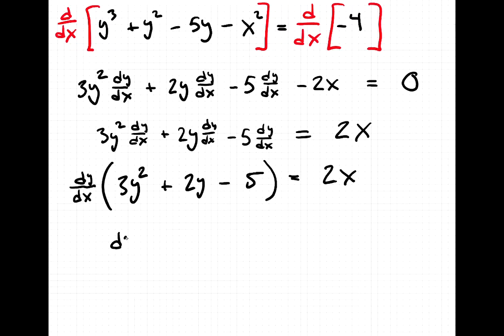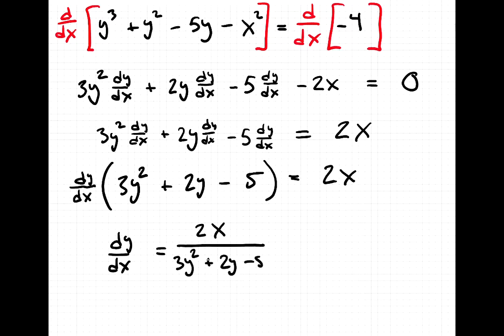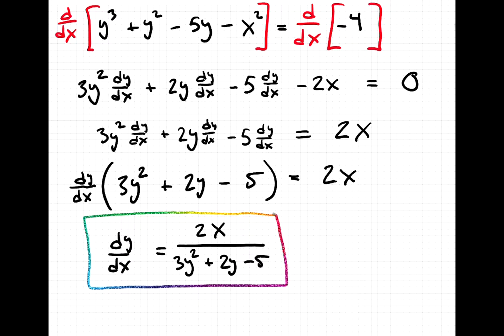So we have dy over dx is equal to 2x over 3y squared plus 2y minus 5. And there is our derivative, or our expression that gives us the slope of a tangent line.